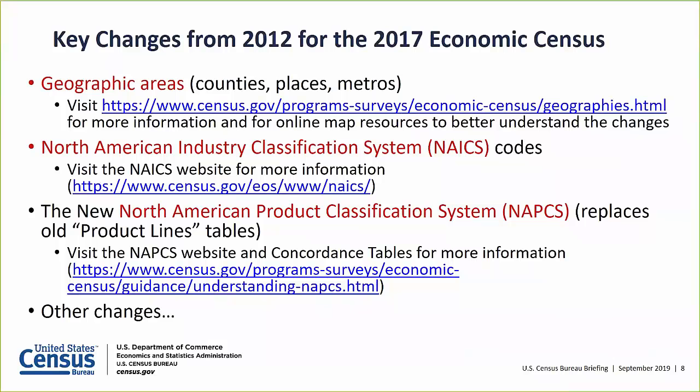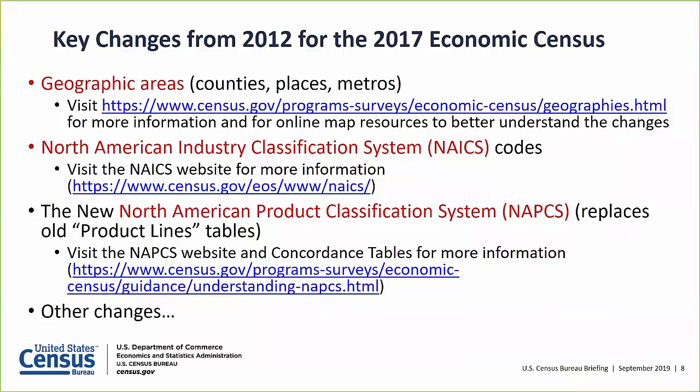On the slide, I've provided a link to our economic census website where you can learn more about those geography changes. The North American Industry Classification System, or NAICS system, that we use to classify every business also gets changed every 5 years. And there are, of course, some changes for the 2017 NAICS system. Again, I provided a link to that site to learn more about those industry changes.